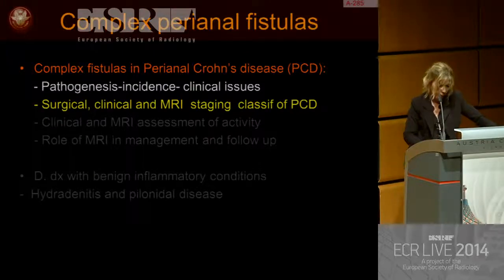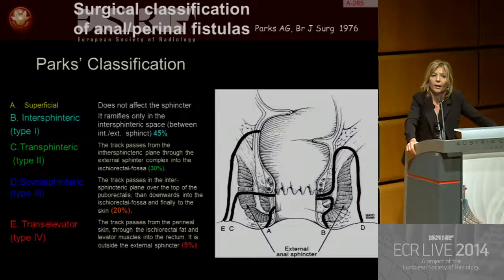To remind you once again, the main surgical, clinical, and radiological classification, I don't want to go too deep inside this classification that has been very nicely and accurately described by Steve.